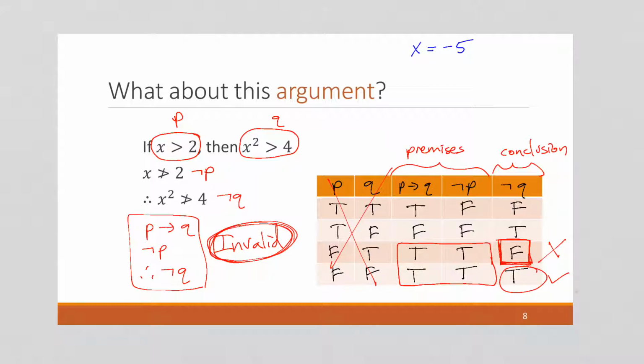So then what we have is -5 is not greater than 2. That is a true statement. But -5 squared equals 25, which is greater than 4, which breaks our conclusion.